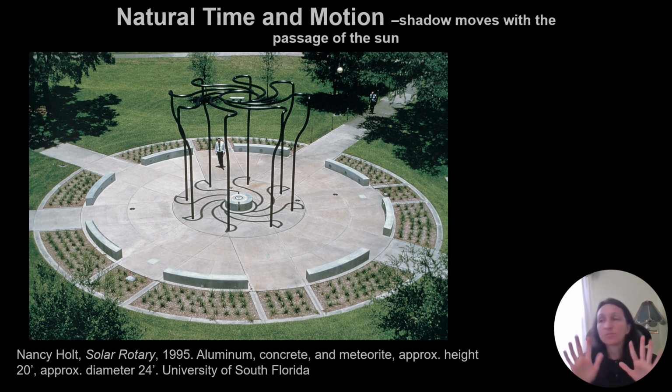All right. Next, we're still dealing with time and motion, and how real motion is happening constantly and how an artwork can be associated with that. So in this artwork, the solar rotary, it's basically the motion of the sun. This image was taken at high noon, and I cannot find an image of it at 3 p.m. or something.